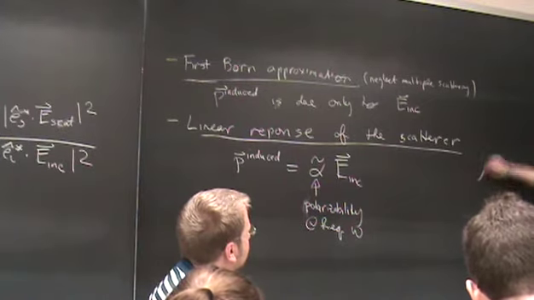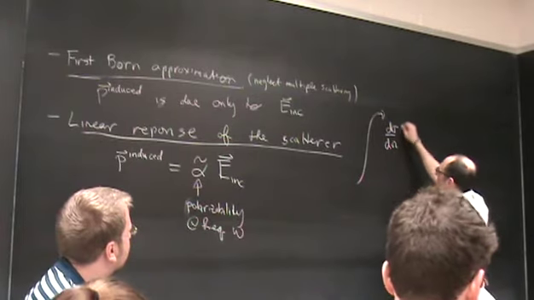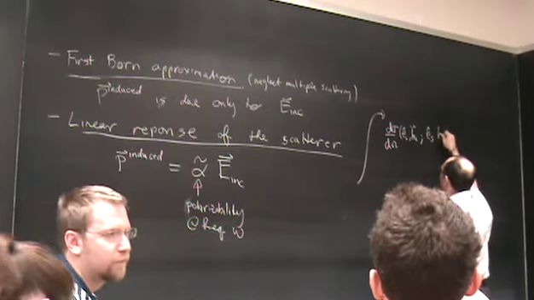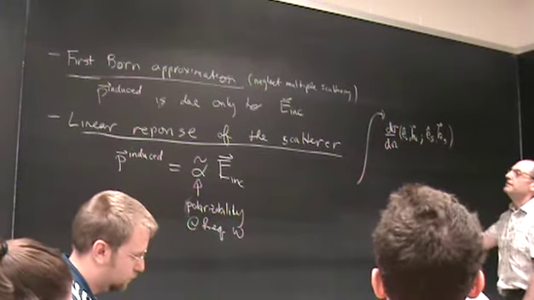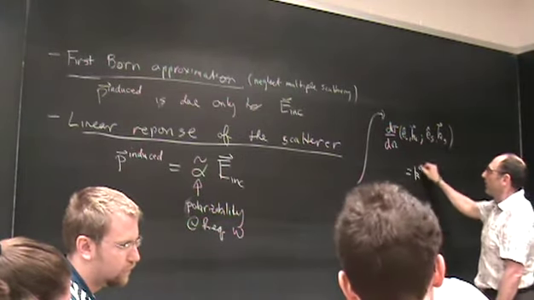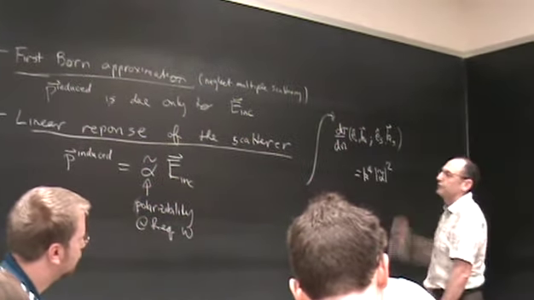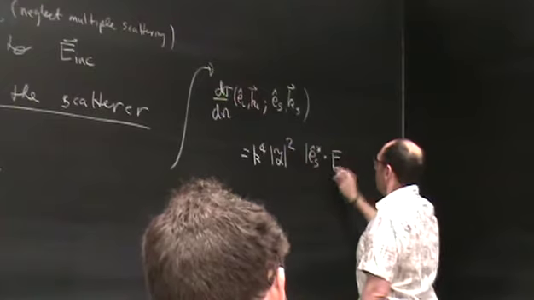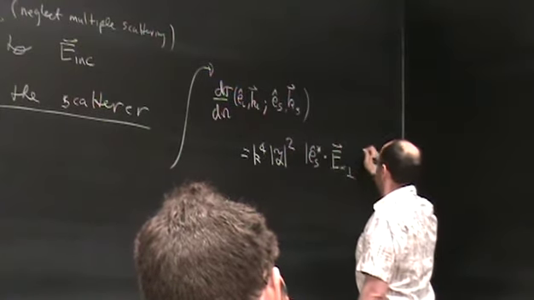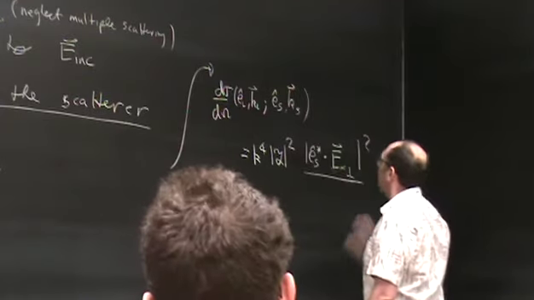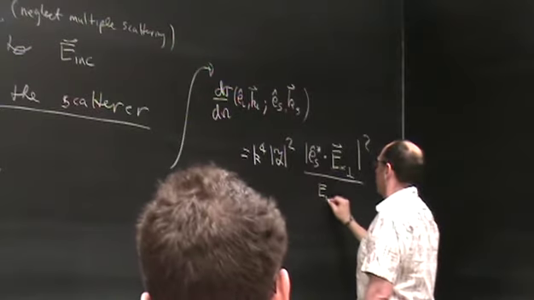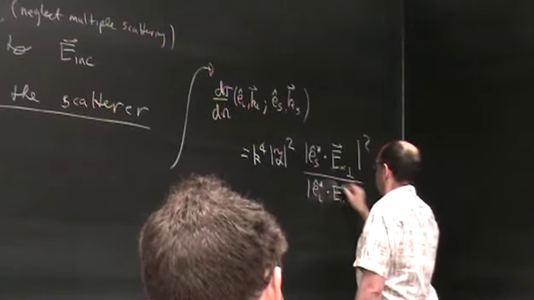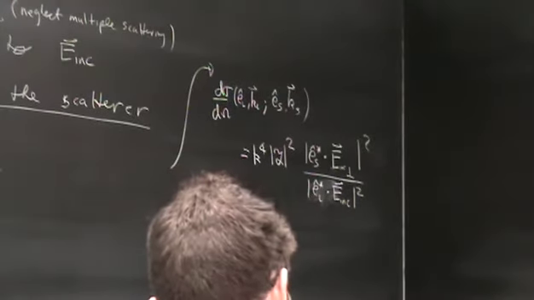So this implies that the differential scattering cross-section, given the incident field with that polarization and that wave vector, scattered into that polarization with that wave vector, is equal to k to the fourth, the magnitude of the polarizability squared, the perpendicular component of the incident field squared, divided by the incident field along whatever direction we care. That's what we got from that expression.